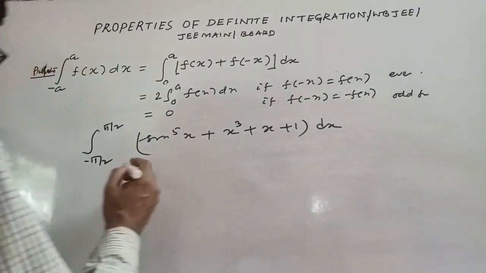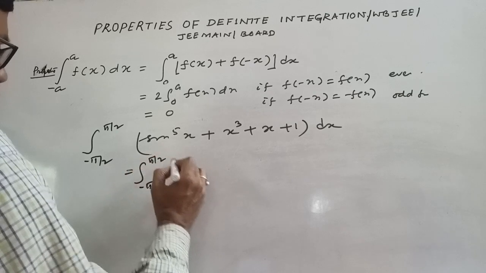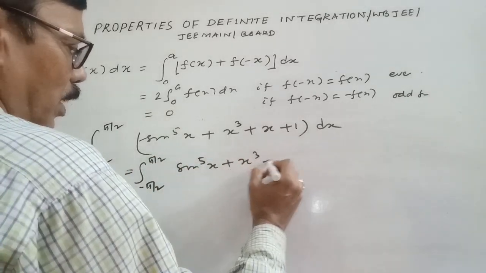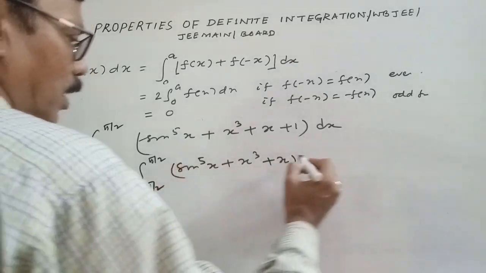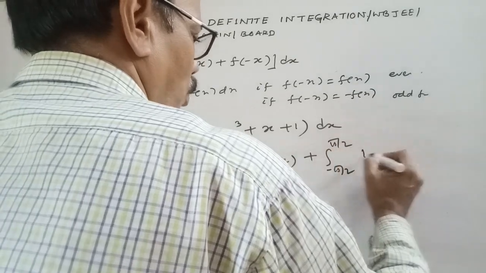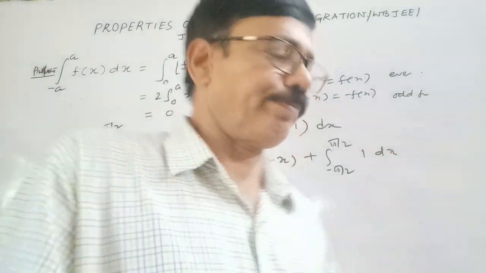So, look, you can write it as minus pi by 2 to plus pi by 2. This is an odd function. This one is an odd function. This one is an odd function. So, minus pi by 2 to plus pi by 2, 1 dx. This is a constant function. So, it is even.